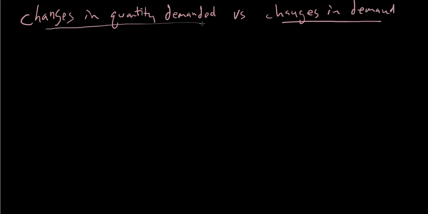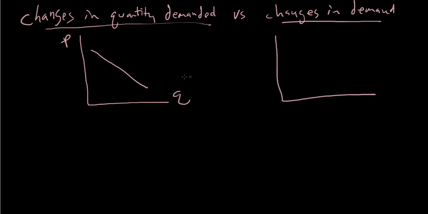So this one is movement along the demand curve, and this one is shifting the entire demand, right? So there's an increase in demand or a decrease in demand.